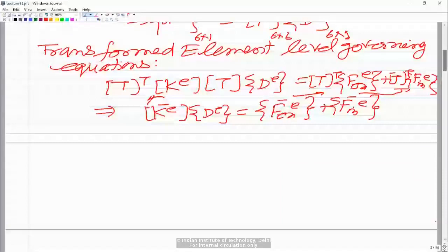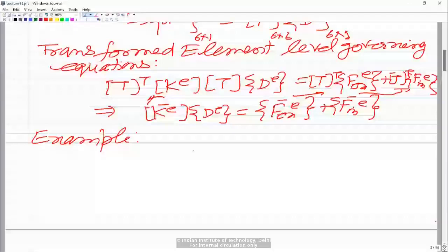So let me take one example. I'm just taking a simpler case, although you can have many complicated problems involving members of a frame structure in a plane. The only requirement of this element is that all members should be in one plane.